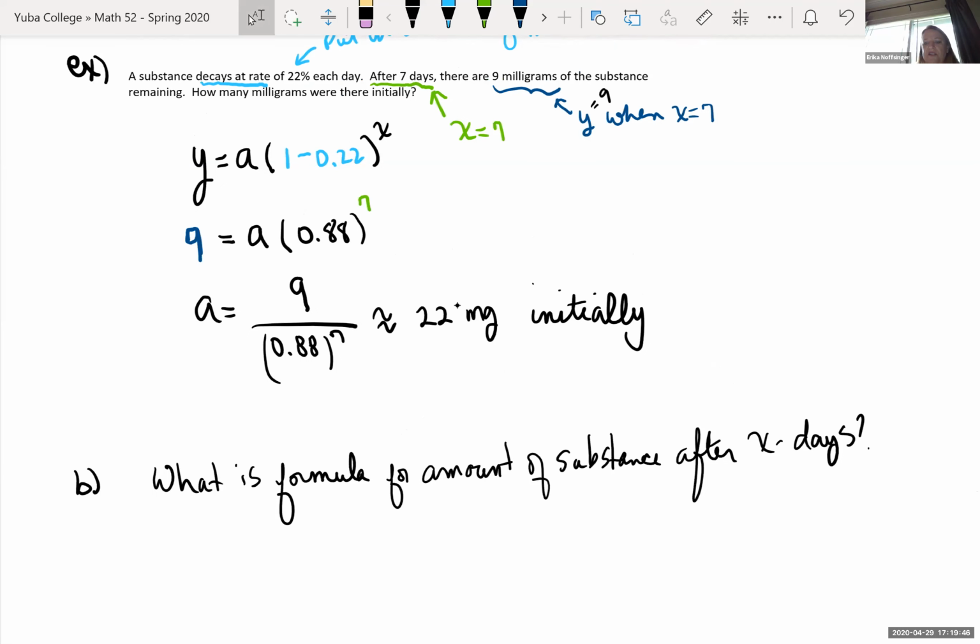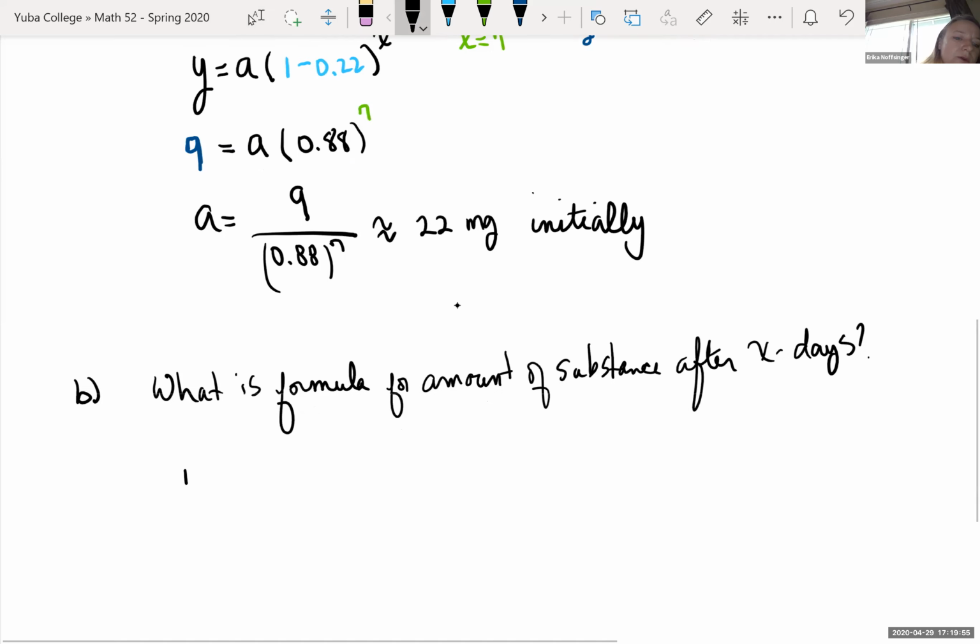Okay, so to figure that out, we basically have everything. We know that Y is equal to the amount of the substance. So Y equals A, and we just figured out what A is. A was 22 milligrams. So this is 22 milligrams all times 1 minus the rate, which was 22%.